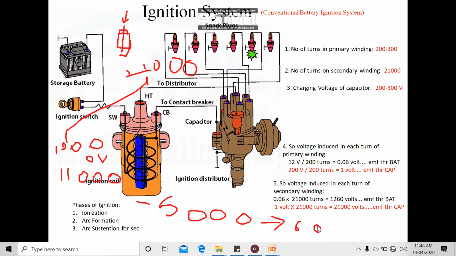This remaining 6,000 is used to sustain the developed arc for a second. We use the remaining 6,000 to maintain a visible arc inside the combustion chamber for a second, otherwise the spark would be initiated and disappear within a fraction of a moment.